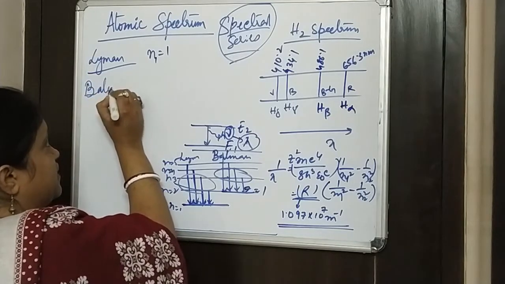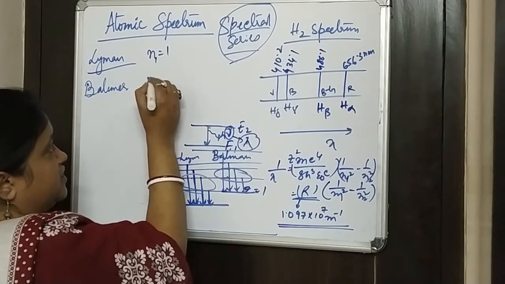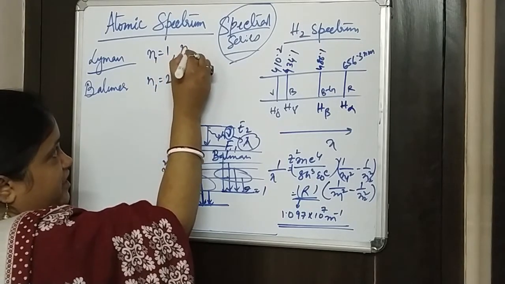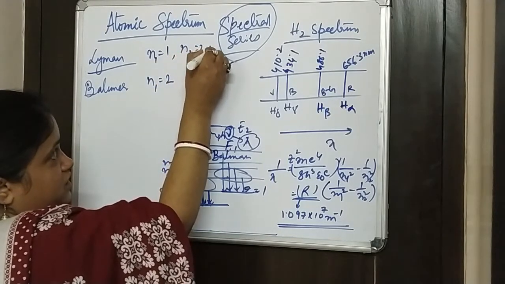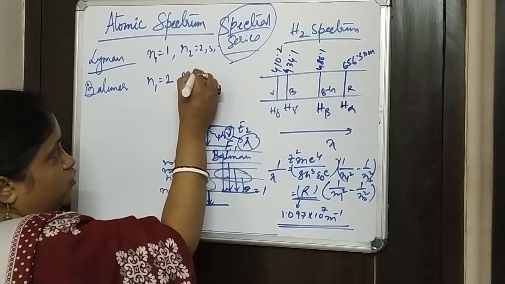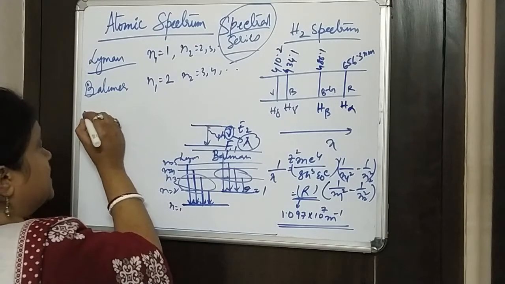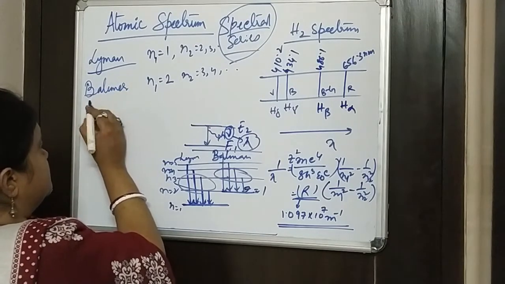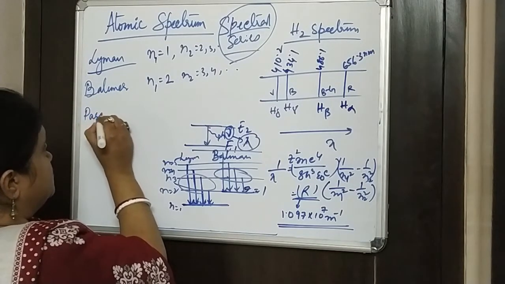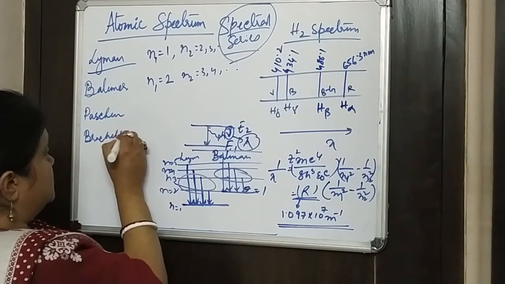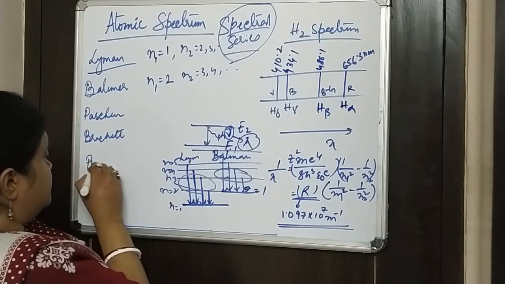So next we have Balmer series, where n1 has to be 2 and here n2 will be 3, 4 and so on, any higher level. Next comes Paschen, then Brackett, then comes Pfund.